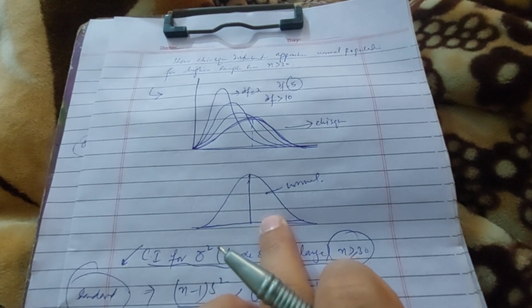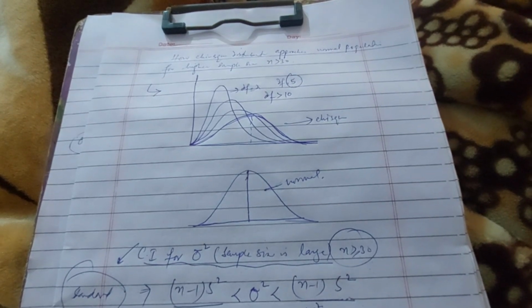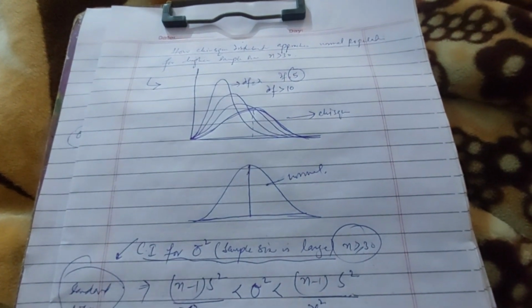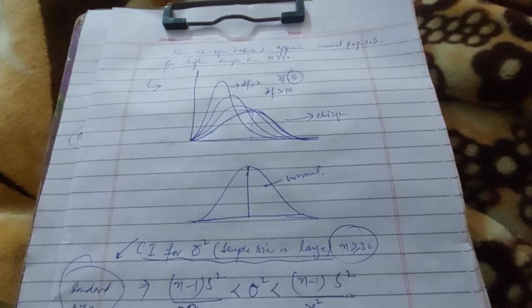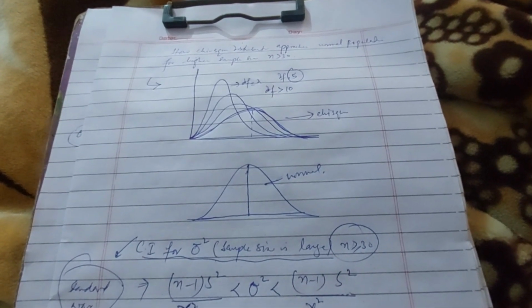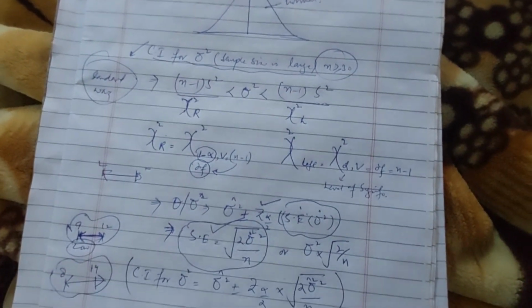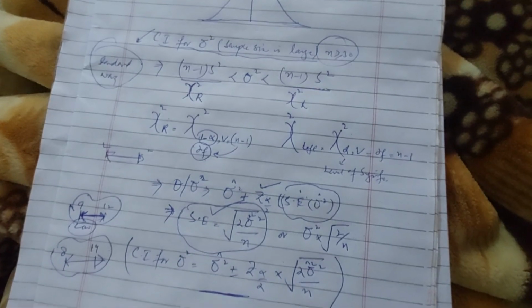It is approximately equal to the normal distribution for n greater than or equal to 80 or 90, the large samples. So you can use both of them interchangeably.